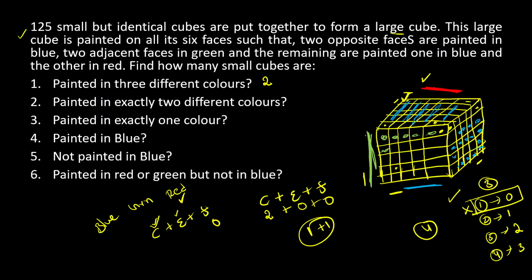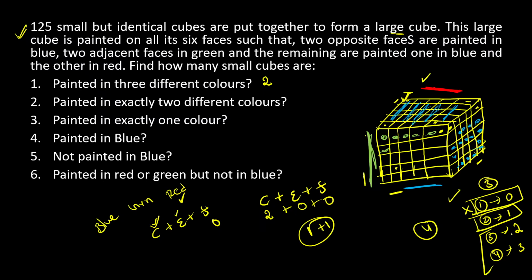No. Which means that among the 8 corner cubes, there is no possibility that a cube is painted in exactly 1 color. I'm talking about the cubes kept at the corners. So we need not bother about this possibility as well.